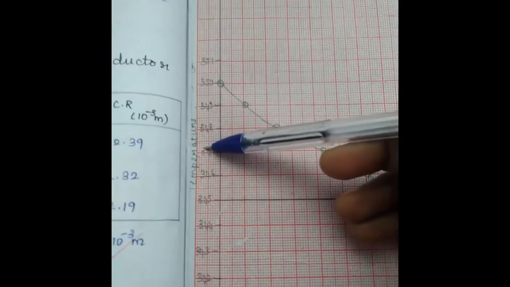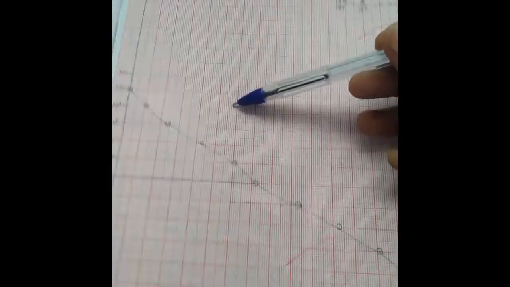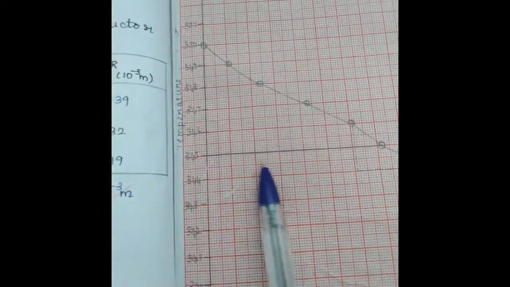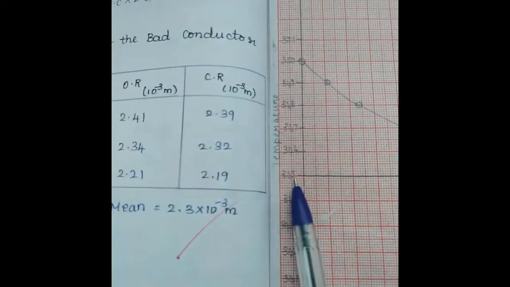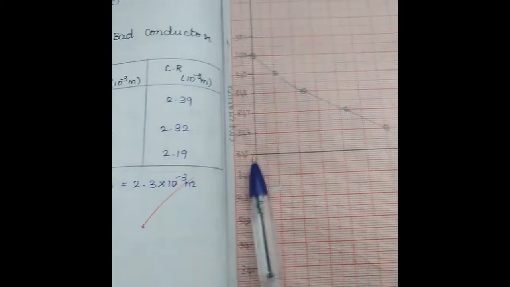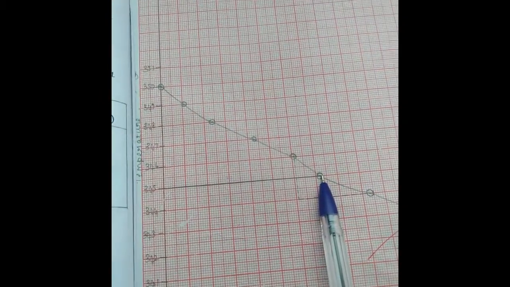Please remember, it is in Kelvin and this is in seconds. Now you will be getting a downward trend like this. You just draw a line corresponding to 345 Kelvin, which is the steady state temperature in this case.